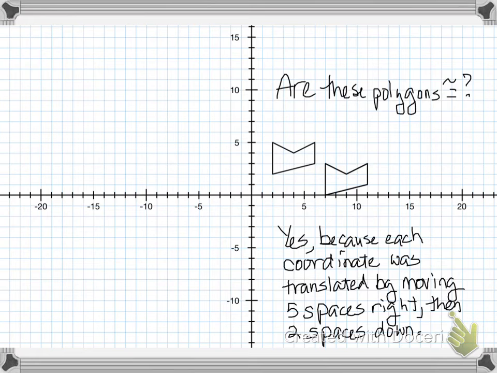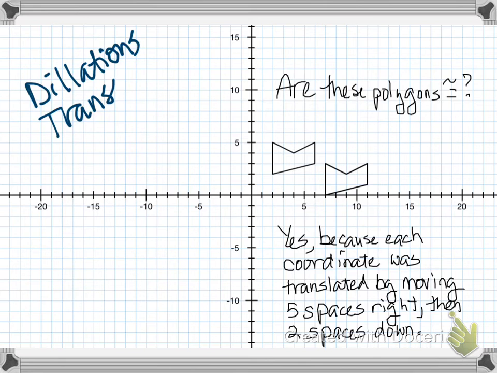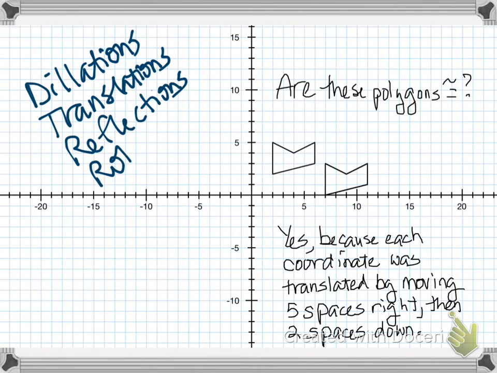We're going to start working with the transformations, and the transformations include dilations, translations, reflections, and rotations. Translation is when you move a shape.